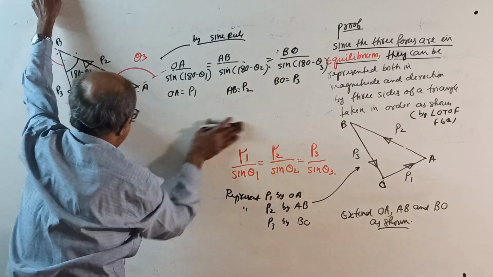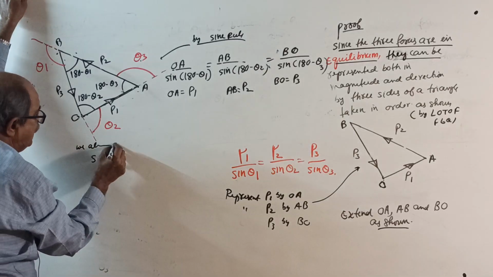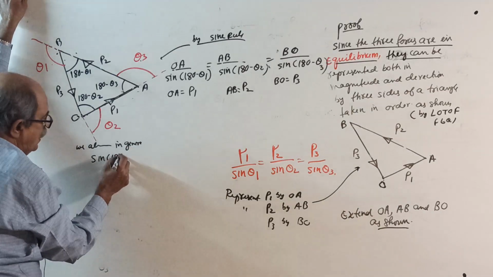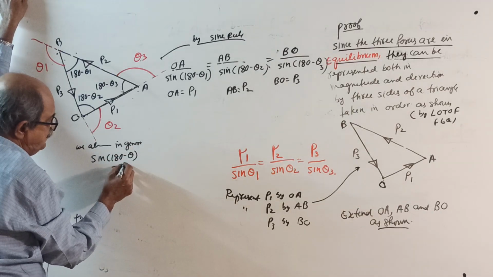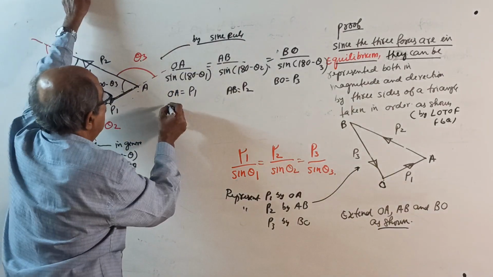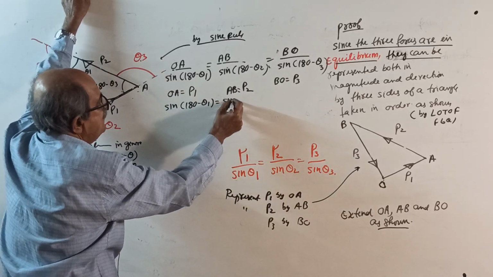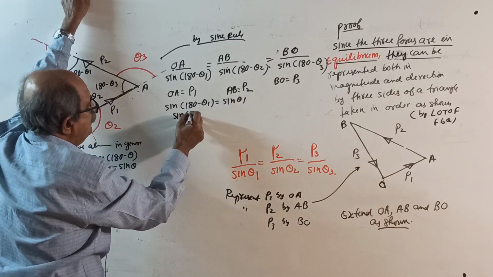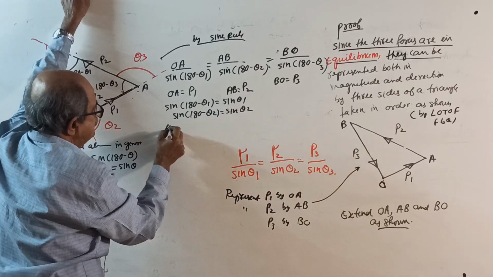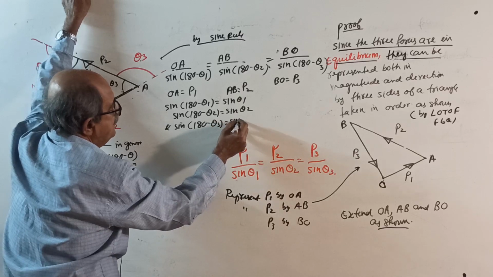Also we know from trigonometry, in general, sine of 180 minus theta equal to sine theta. You should know this one. Therefore, sine of 180 minus theta 1 is sine theta 1, sine of 180 minus theta 2 equal to sine theta 2, and lastly, sine of 180 minus theta 3 equal to sine theta 3.